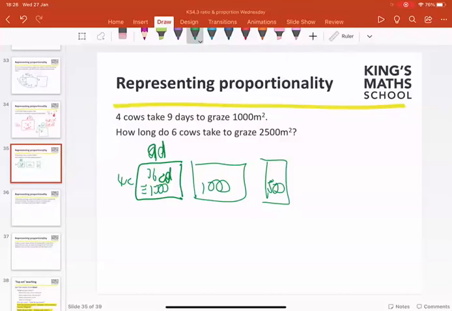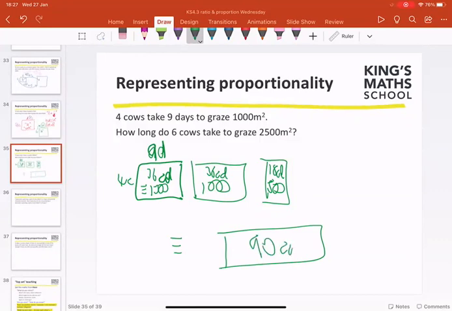What that means is another 36 cow days, and then another 18 cow days. So altogether, the total amount of work is 72 plus 18, which is 90 cow days worth of work.